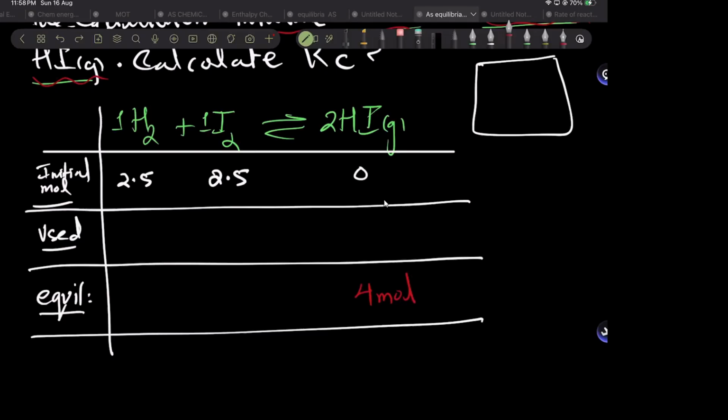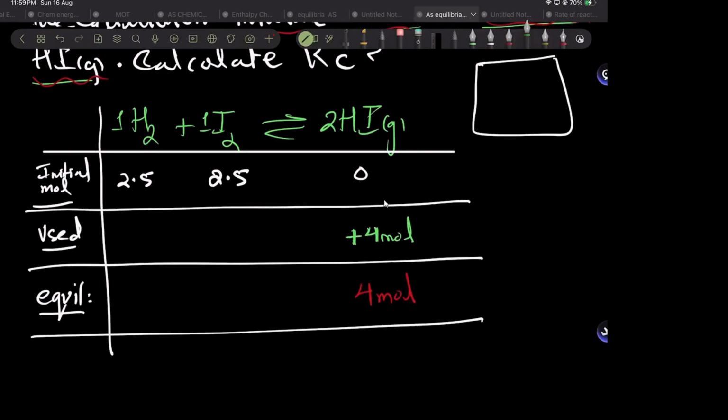I do know that initially this was 0 moles HI. How many moles must be formed of the product so that I end up with 4 moles at equilibrium? 4 moles of HI were formed, right?